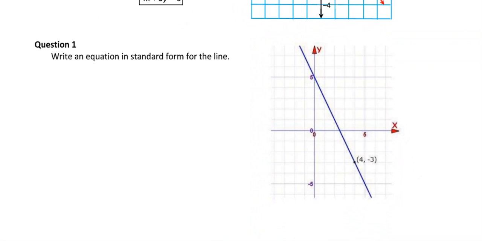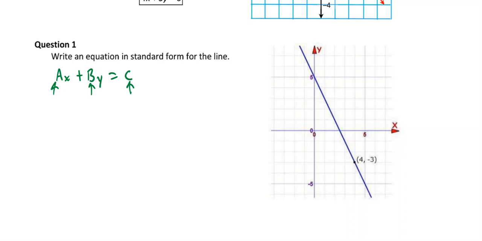Okay, so we haven't really talked much about standard form. So again, on your formula sheet, can you guys find standard form? Yeah, it's ax plus by equals c. Right, so you've got ax plus by is equal to c. So the a, the b, and the c are just numbers.